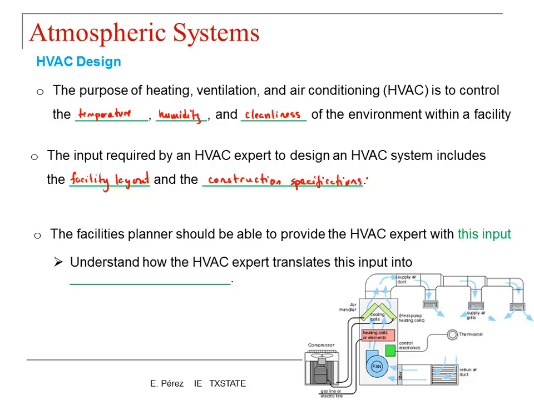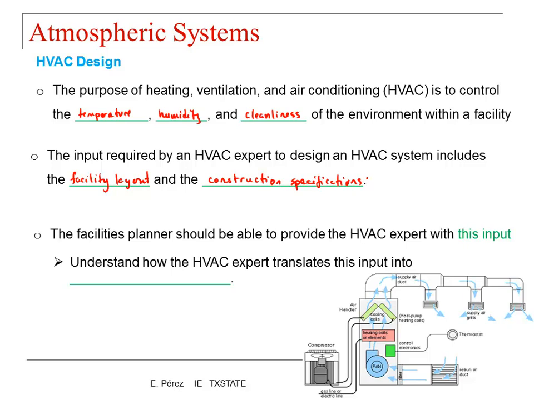For the facility layout, there are going to be some departments that require certain levels of humidity and certain levels of temperature. There will be some areas of the facility that require different temperature and humidity levels. So you need to have a good layout plan for your facility in order to design the HVAC system.